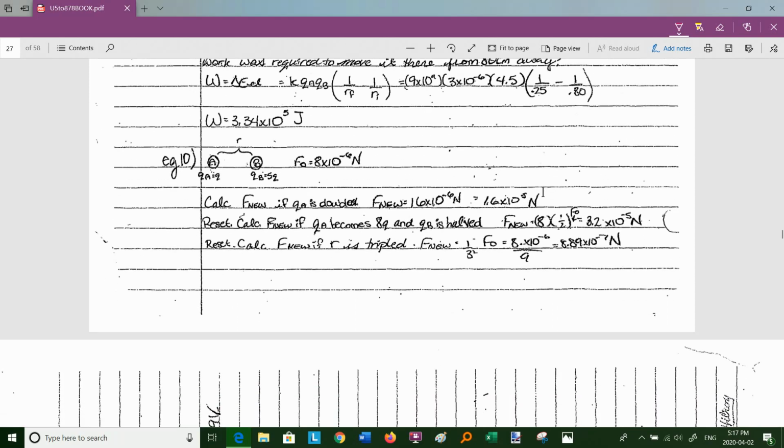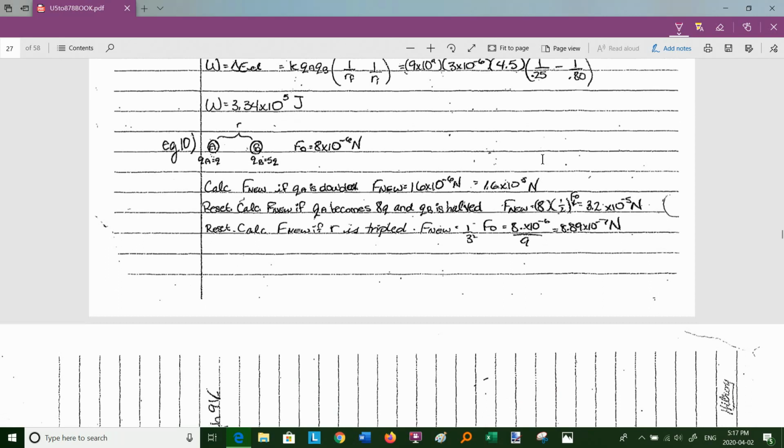Okay, now let's use the proportional Coulomb's law question here, example 10. And so we have QA is just some value Q, QB is some value 5Q. I'm not actually going to calculate the value of Q because I'm just looking at proportions. Your original force, F original, is 8 by 10 to the minus 6 newtons.